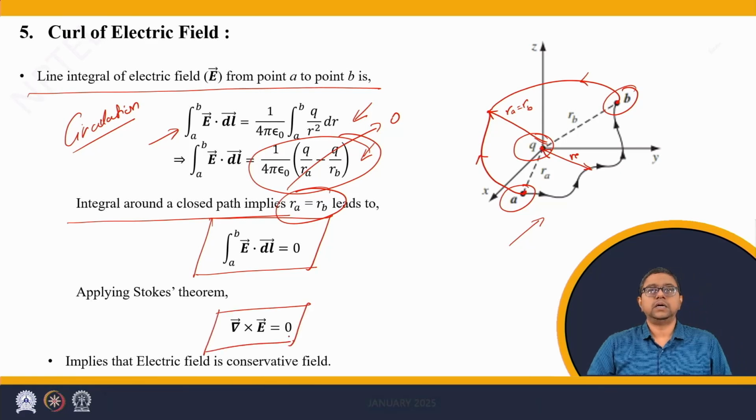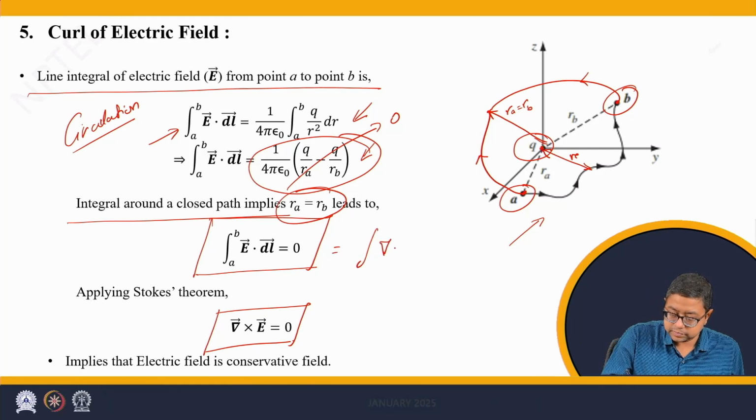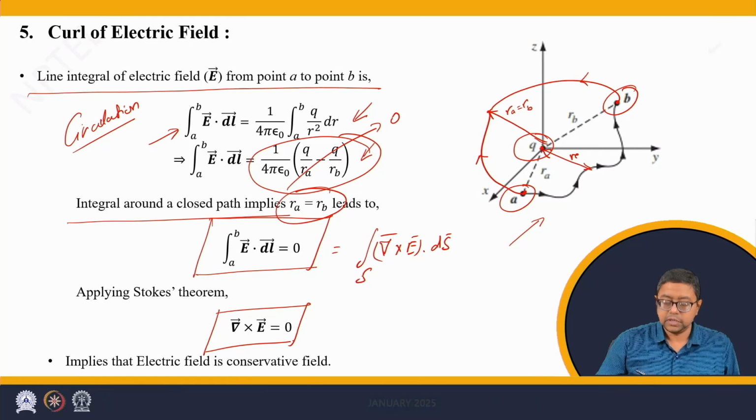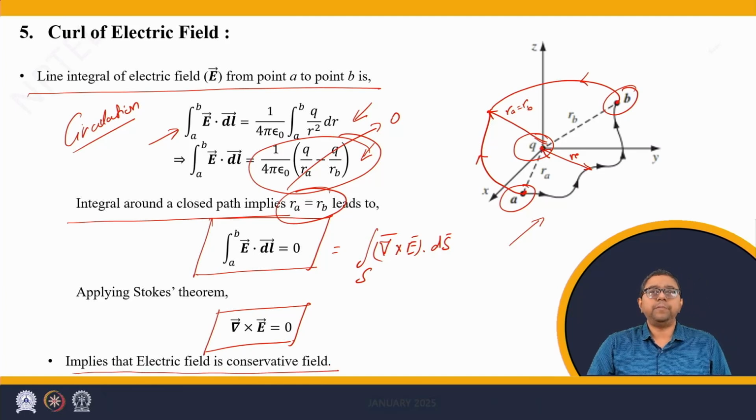This is because the integral E dot dl is equal to integral curl of E dot ds. This integral must be obtained over the entire surface enclosed by this loop. By the property of curl-free fields, we can obtain that the electric field is a conservative field.